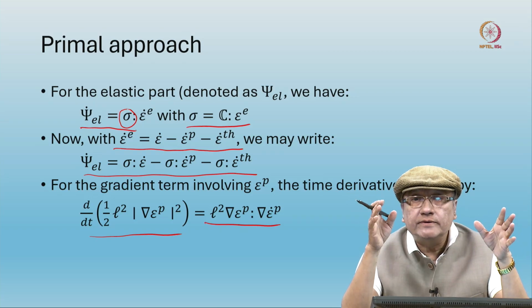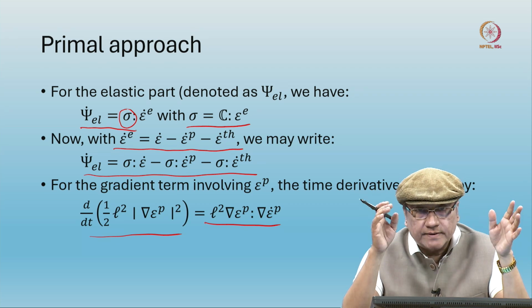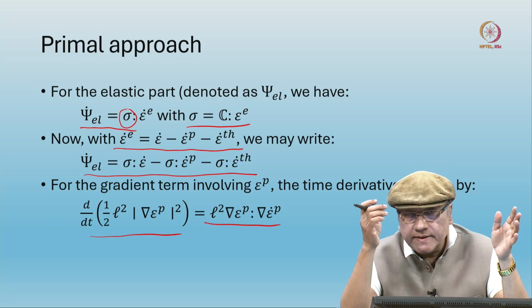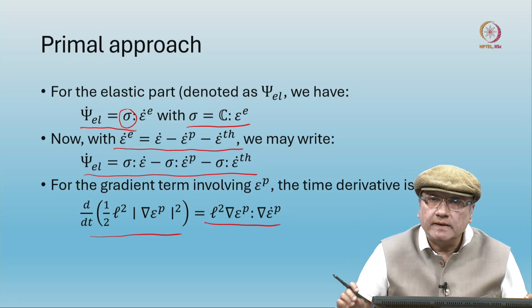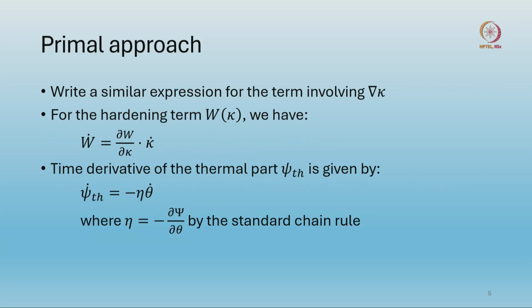Now, recall that gradient of epsilon p dot is a tensor of the same order as gradient of epsilon p. If epsilon p is a second order tensor, then gradient of epsilon p will be a third order tensor, right. And so is gradient of epsilon p dot. But once you take the inner product, it becomes a scalar. Okay, right. Now, we can proceed further with our discussion.